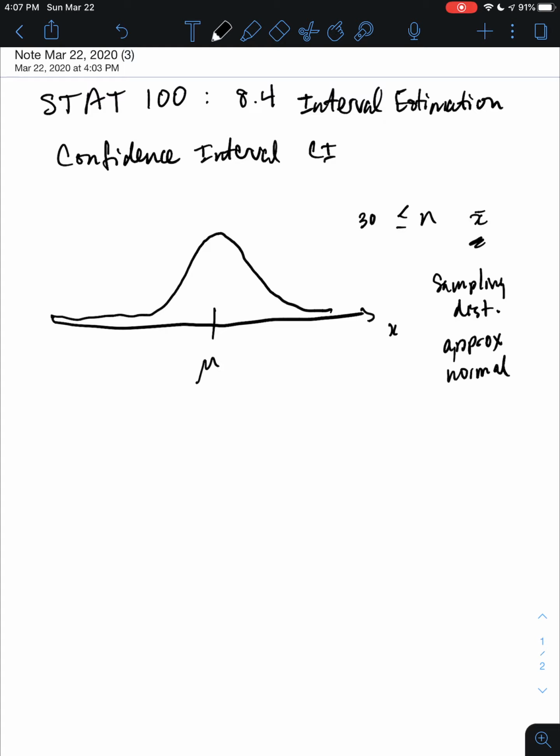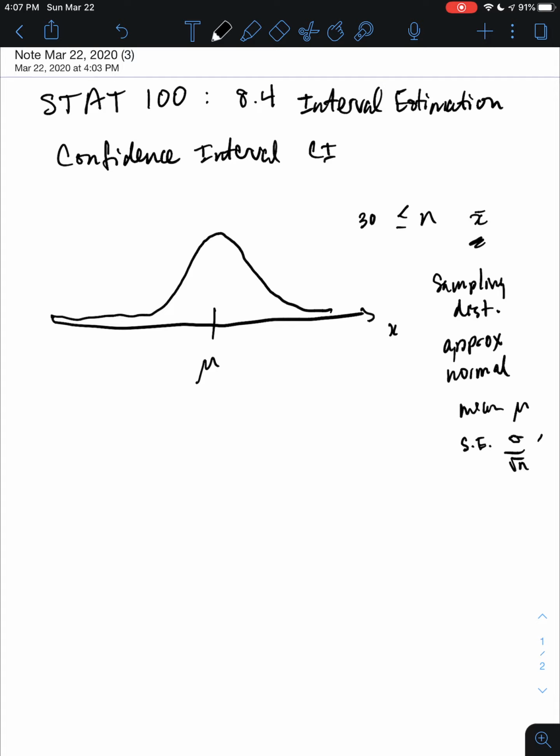The central limit theorem tells us that the sampling distribution is approximately normal with mean mu and standard deviation, which in this context we call the standard error, sigma over the square root of n. We know all of that already. That is the central limit theorem from Chapter 7.